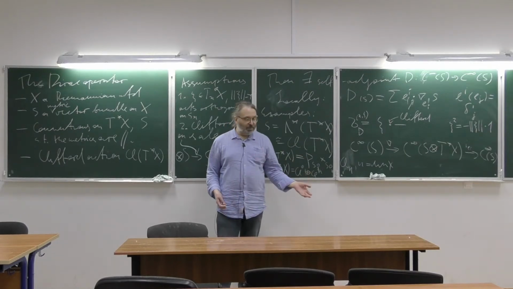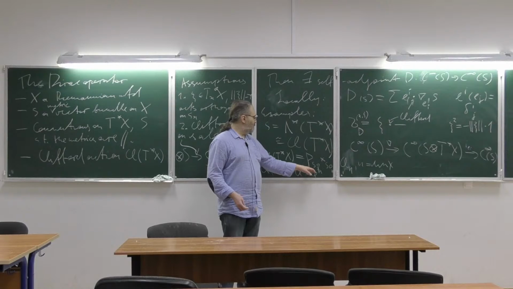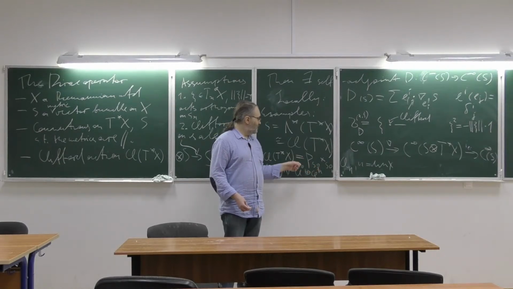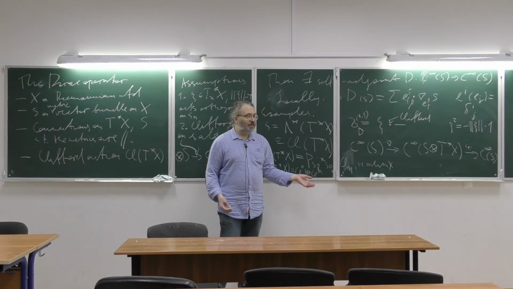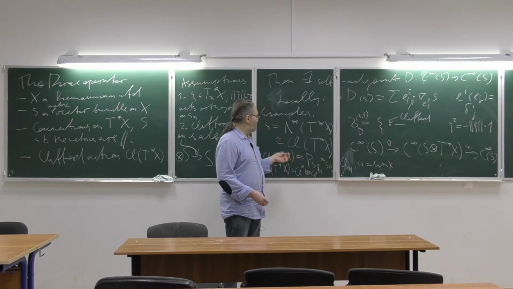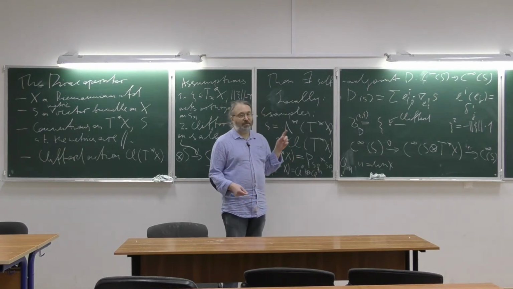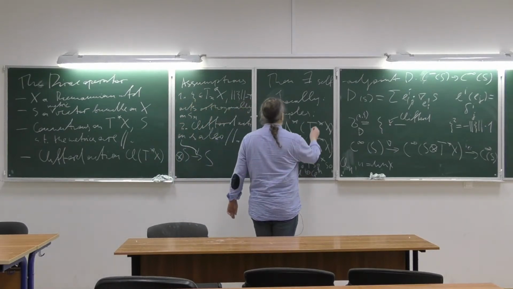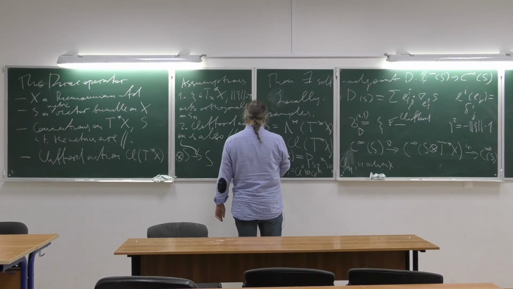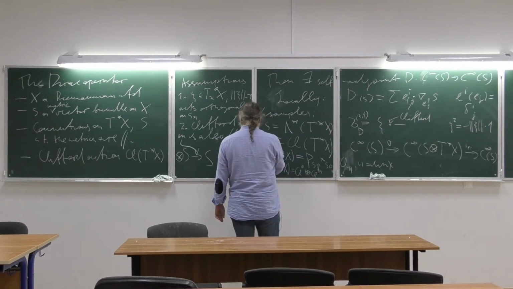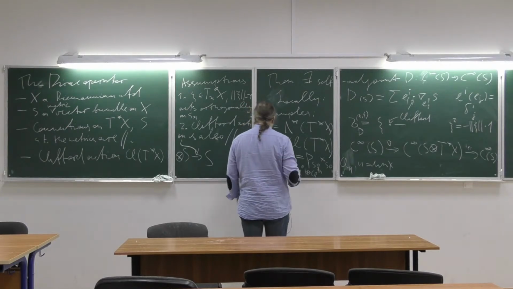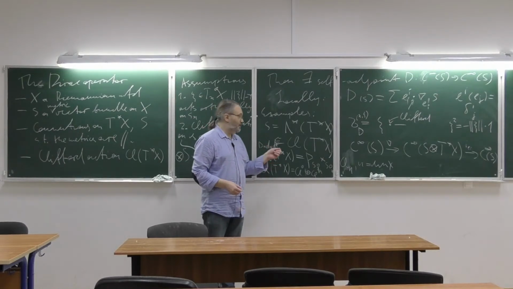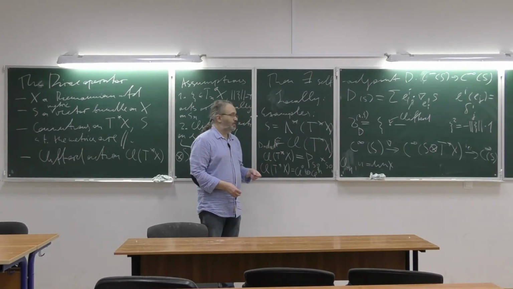The same is true for Cl of T*x, and we have this decomposition. The Dirac operator is the de Rham operator plus its conjugate.